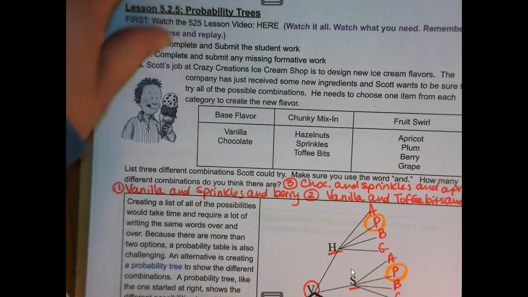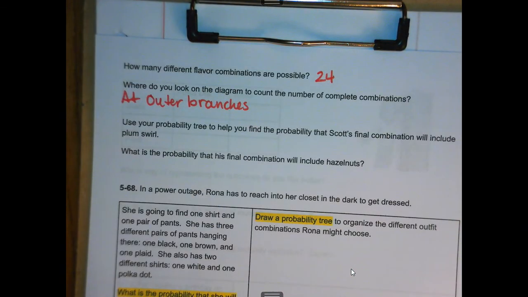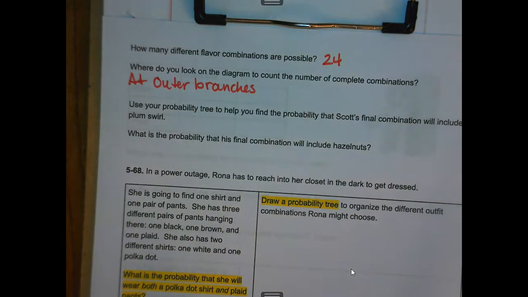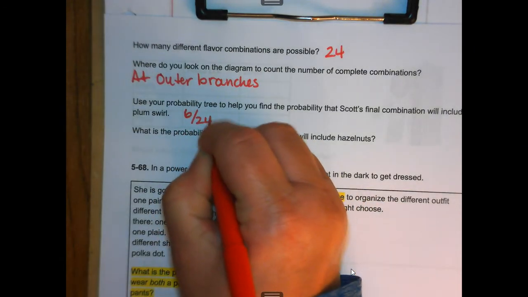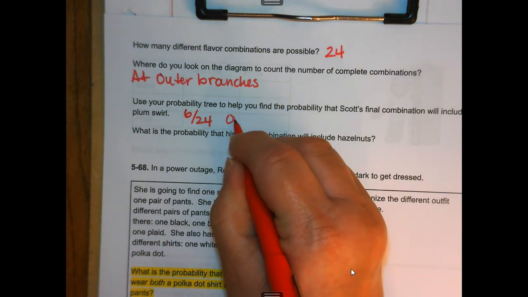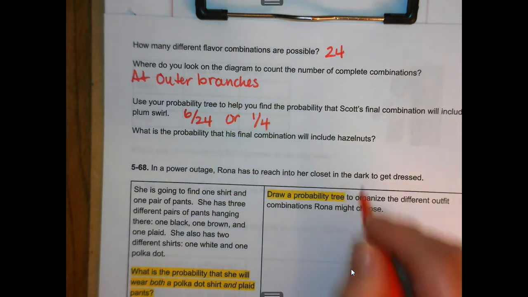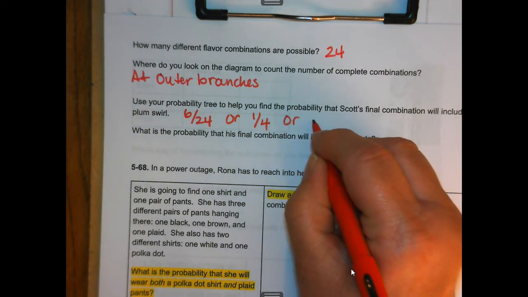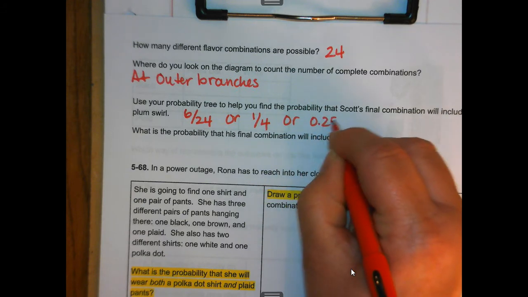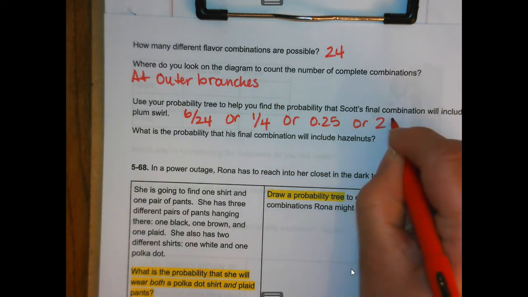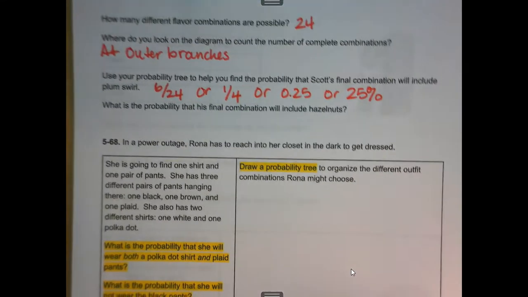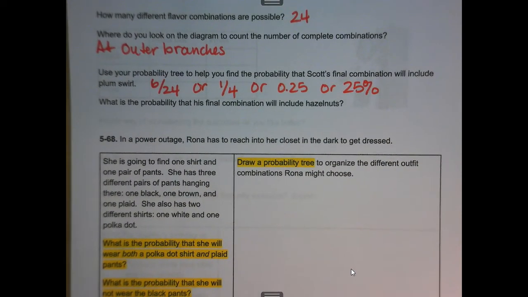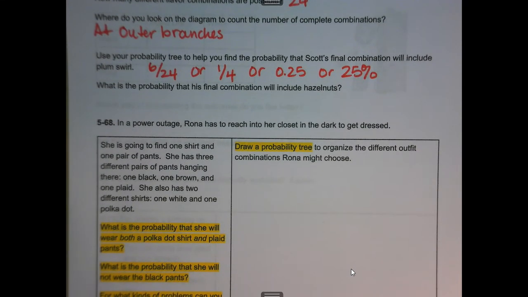Now, when we're writing probabilities, we need to make sure that we're writing them correctly. So we can write this as 6/24ths, or we can reduce that to 1/4, or we can call it 0.25, or 25%. If you do not write them in the correct form, it is not precise, it is not accurate.